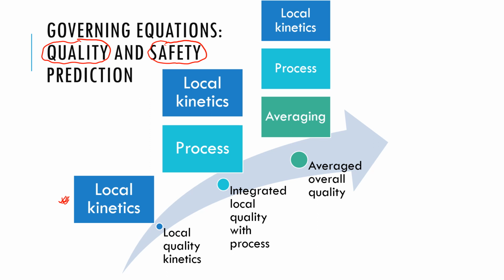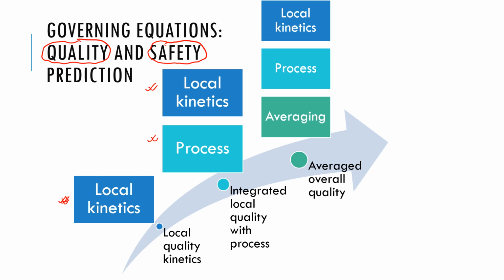But that now depends on the local temperature and could be moisture. So the next step in this framework is combining the local information with the process model of the kind we have been talking about. That will give the local temperature or moisture.